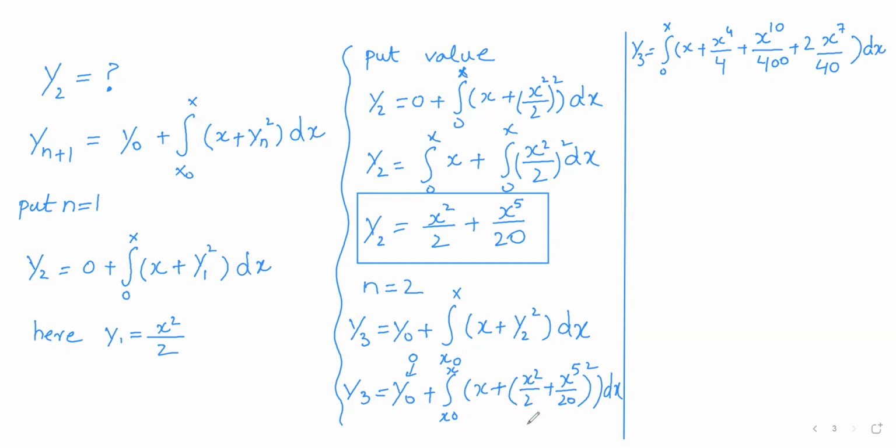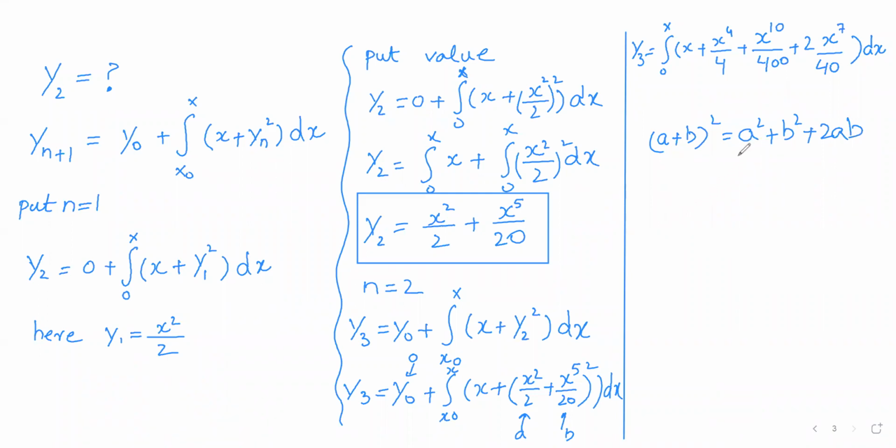Because this one, let's say this is a and this is b. So we're gonna put a squared, a plus b squared is equal to a squared plus b squared plus 2ab. We're gonna put this formula, right?